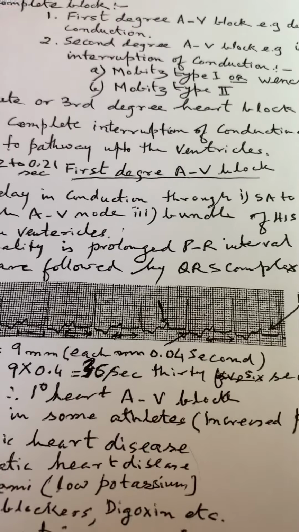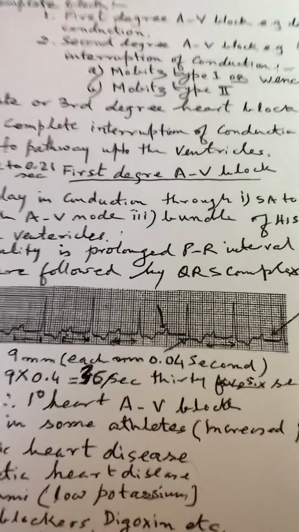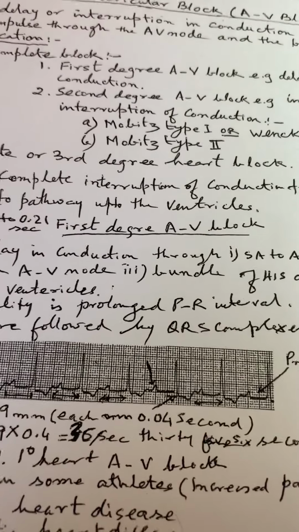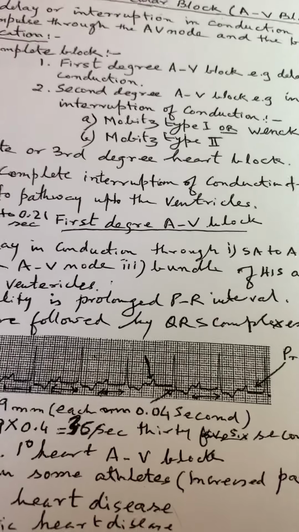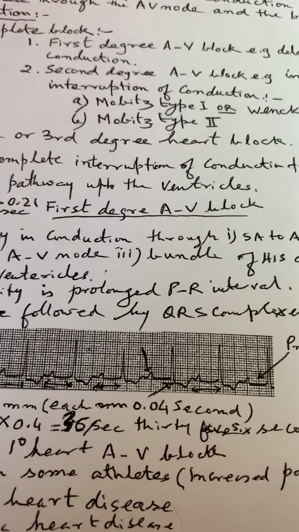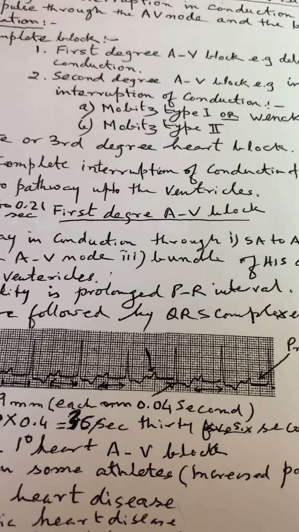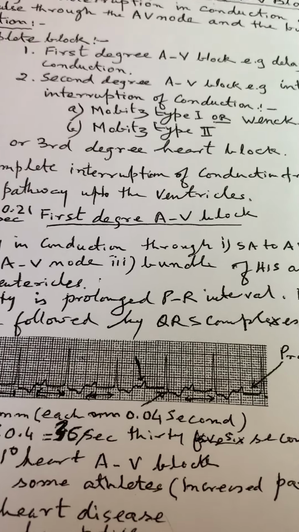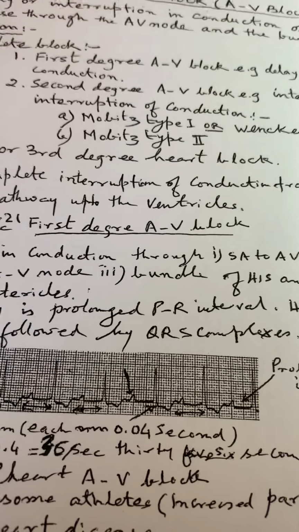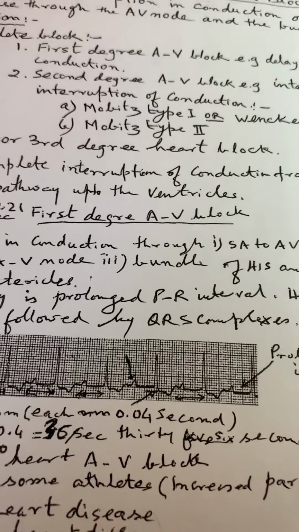Please remember that there is no continuity of muscle between the atrium and the ventricle. Then how does the impulse travel from atrium to ventricle? It travels through the AV node, and the AV node is continuous with the bundle of His, which goes down and arborizes, dividing and redividing in the form of Purkinje fibers.